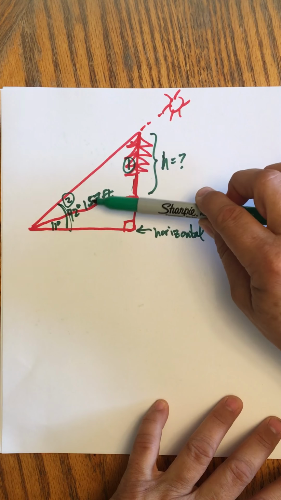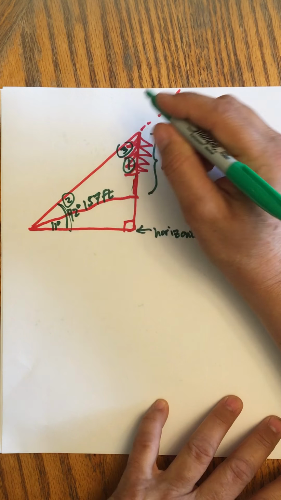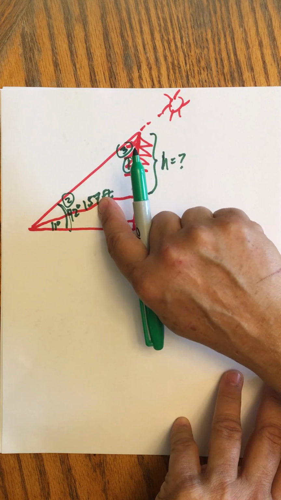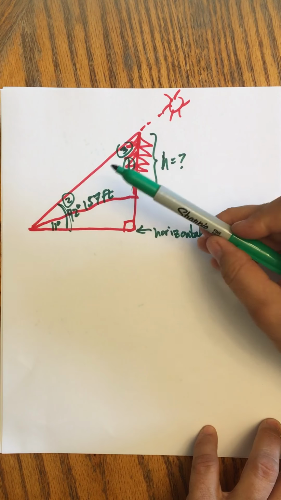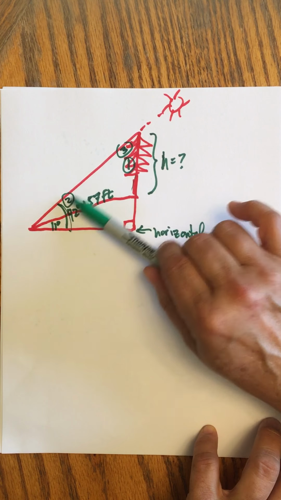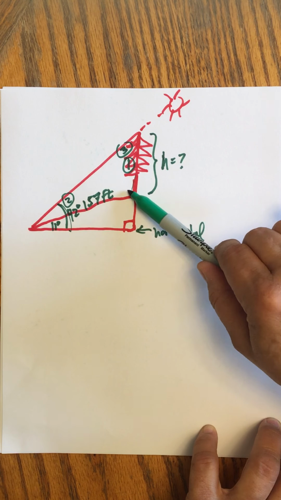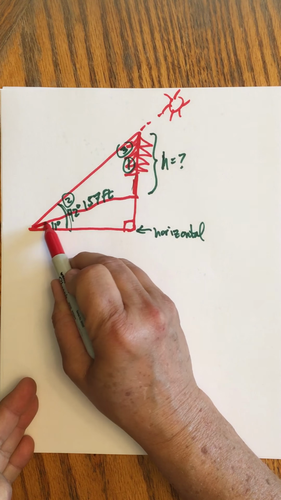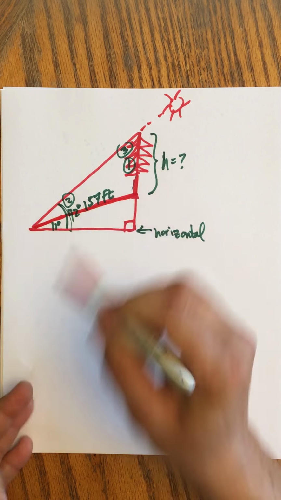So I know this side, but I wish I knew what? This angle right here. All right, so if I knew that angle, then this angle forms this side. If I knew this angle, then this angle forms the side that I want. All right, great. The problem is I don't know either one. Even if I knew this one, because it's kind of simple, I still don't know that one. So I sure wish I knew this one, because then the sum of all three, right? Even though I've drawn it kind of like a slope, I can say that's really a straight line.